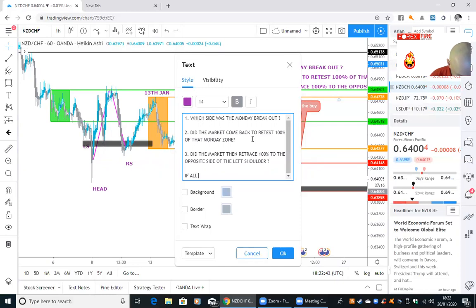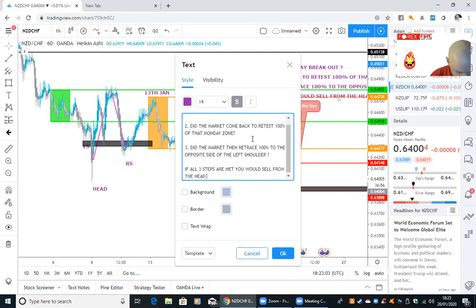If all 3 steps are met, you would sell from the head being above.